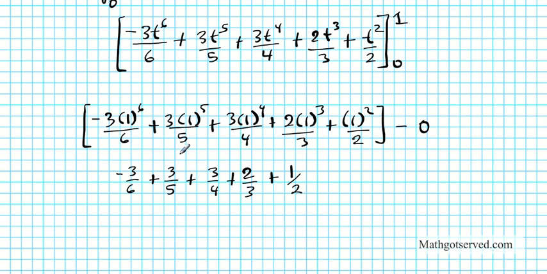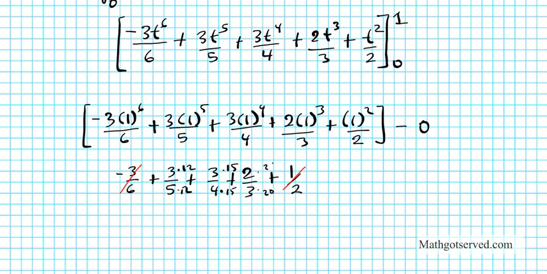This reduces to negative 1/2, so the first and the last terms cancel out. If you find the LCD of these three numbers, 5, 4, and 3, the LCD is basically 60. To get 60, I'll multiply this by 12, multiply this by 15, and I'll multiply that by 20.